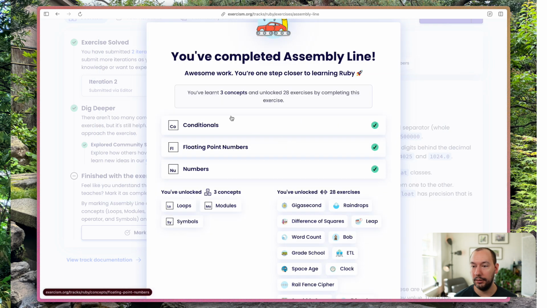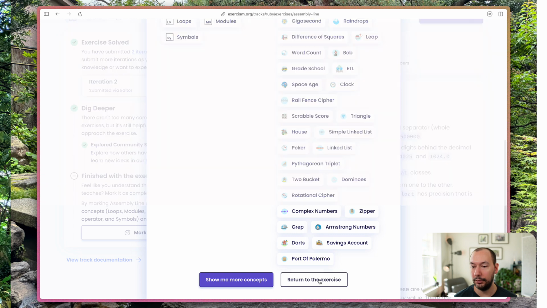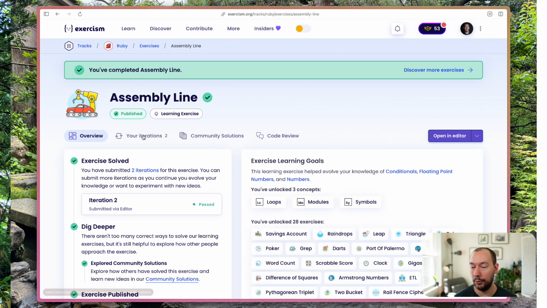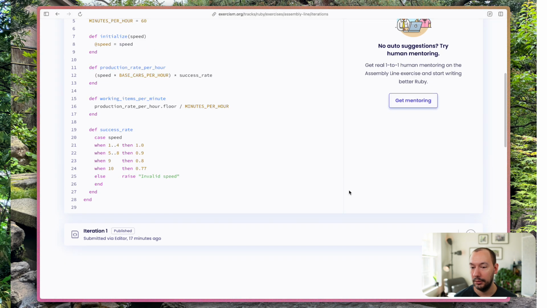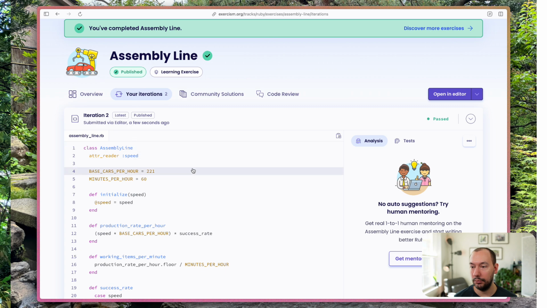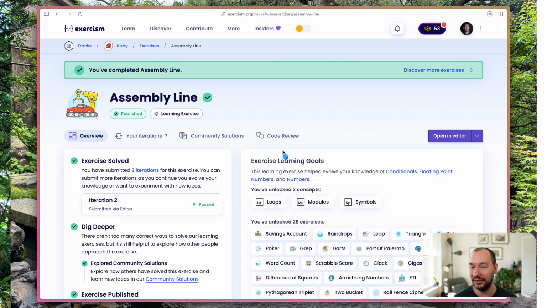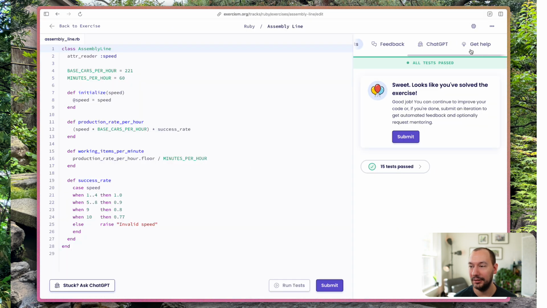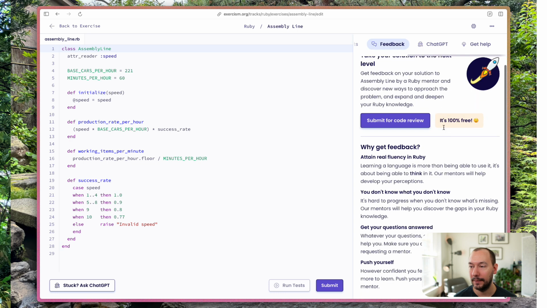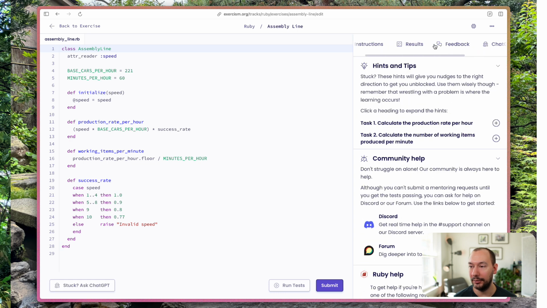So unlock some new exercises. I'm going to return to the exercise. It's possible that what happened was, I'm really curious to see where it was that I was able to see my solution compared to other solutions.